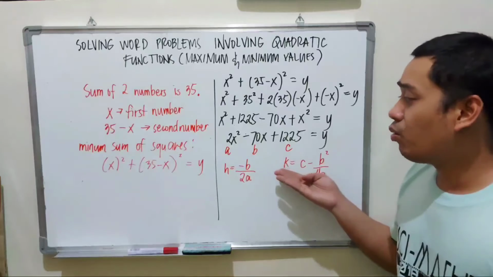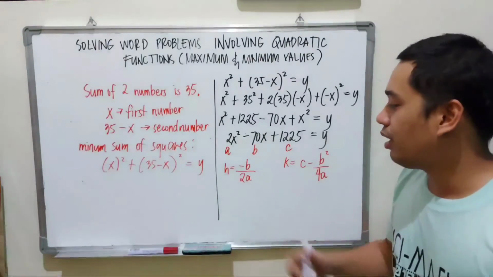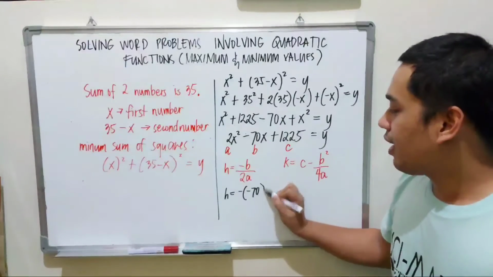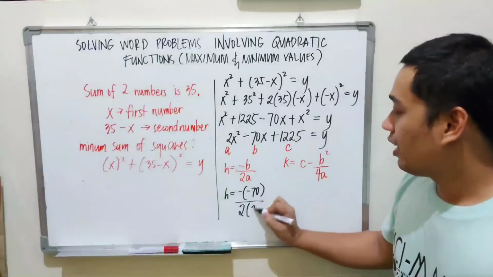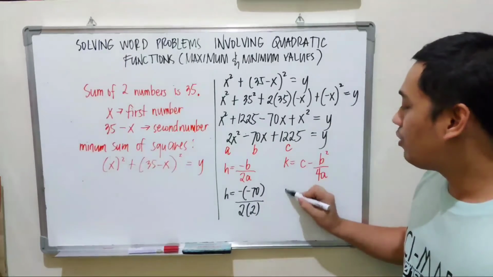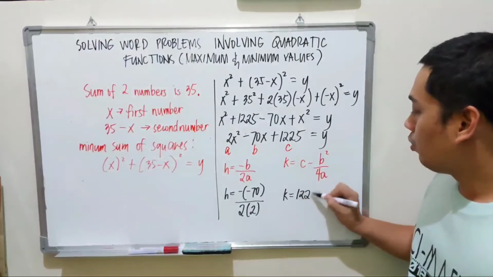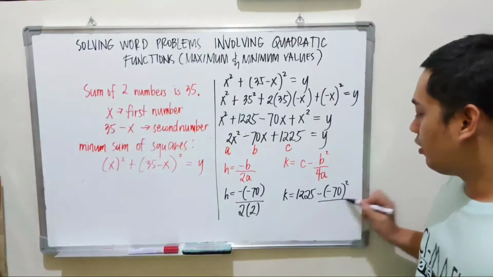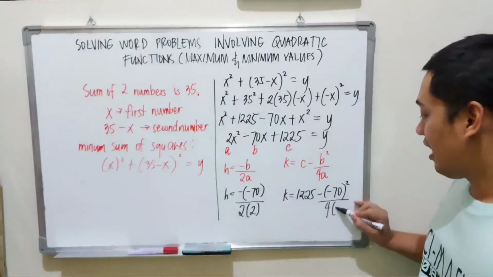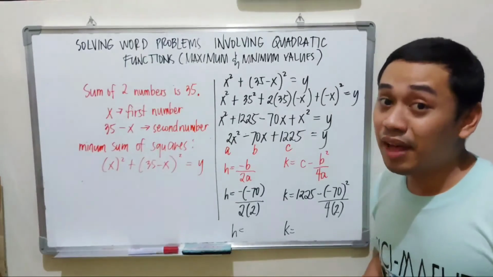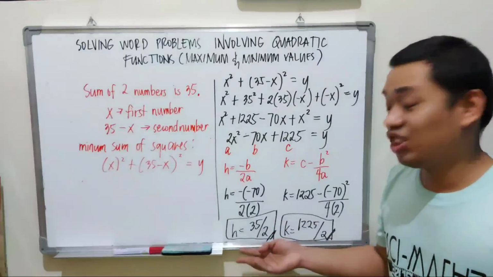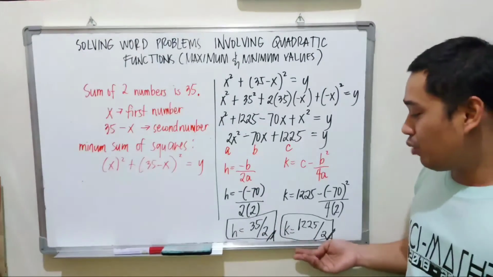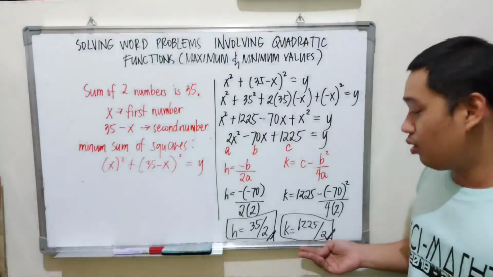Substituting the values of a, b, and c to the formula, h is equal to negative negative 70 all over 2a, and k will be 1225 minus negative 70 squared over 4a. Calculating the values, we will have our final answer. h is equal to 35 over 2, and the value of k will be 1225 all over 2.